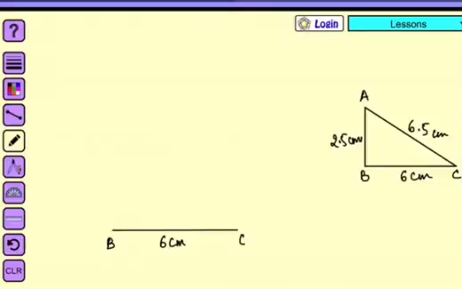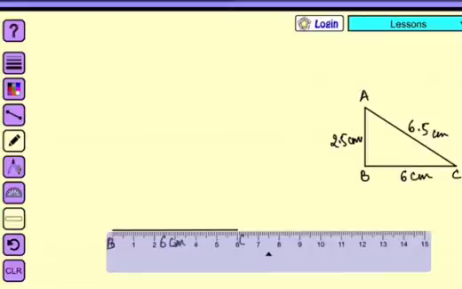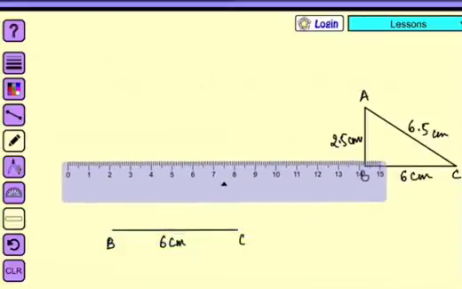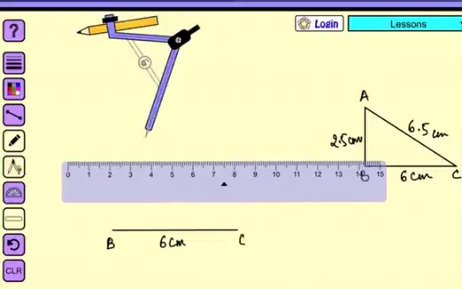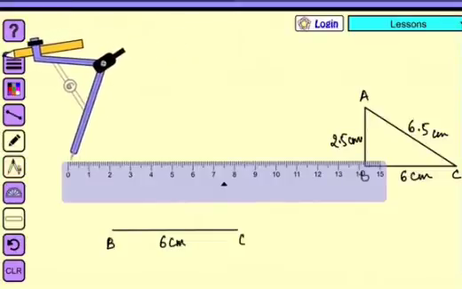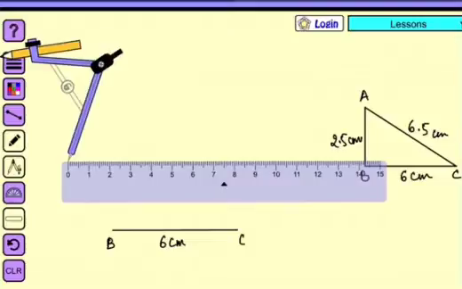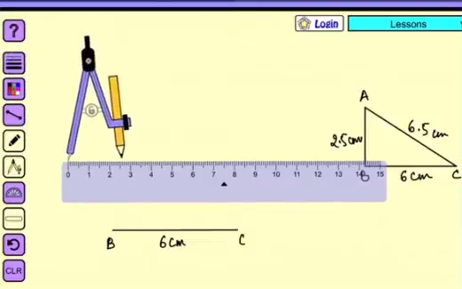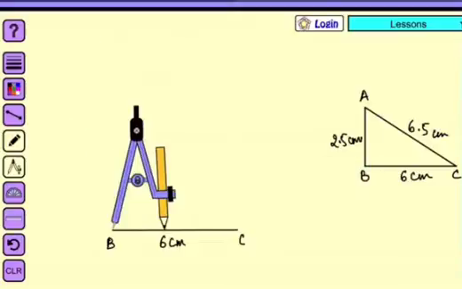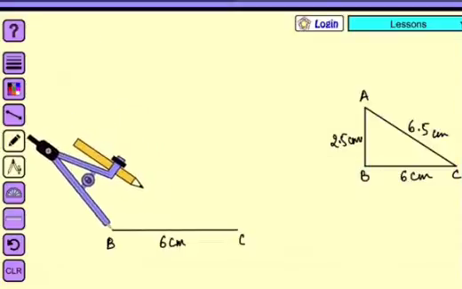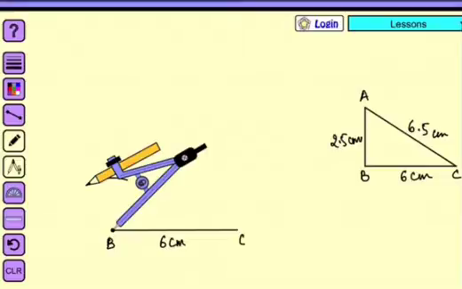Now for the next step, with B as center, we'll have to draw an arc of 2.5 centimeters. So we'll just take the measurement, 2.5 centimeters. With B as center, we'll draw an arc of radius 2.5 centimeters.